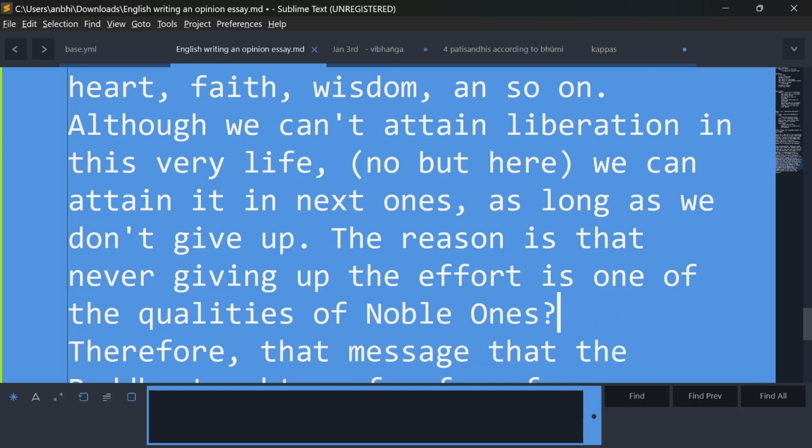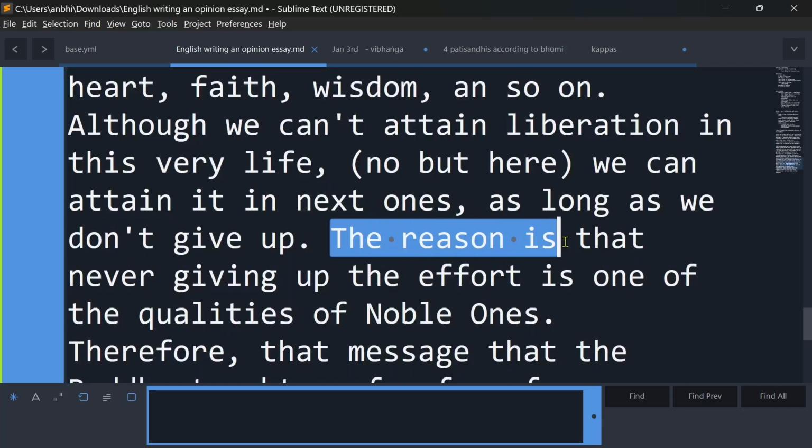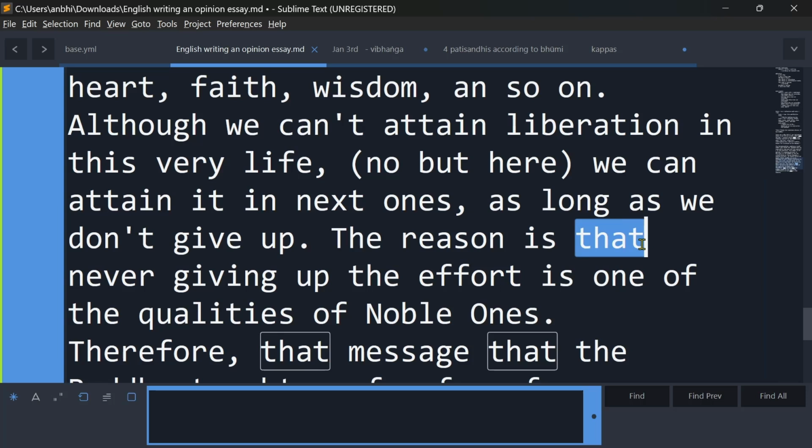Or you can end the sentence with an exclamation mark or with a question mark. But most commonly, a period. So what you have here is the reason is, like one clause.